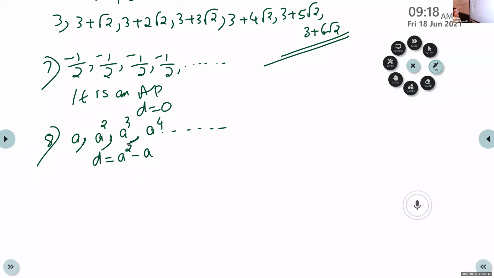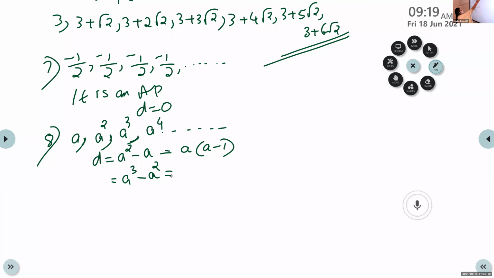a, a square, a cube, a raised to 4, etc. So D equal to a square minus a. This we can write, when we take a outside, as a into a minus 1. Nothing else, only this much we can do. Next is a cube minus a square.